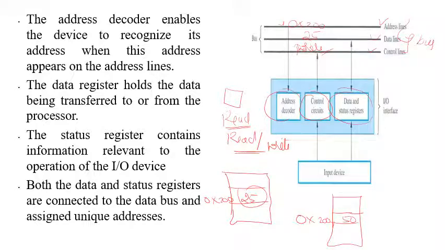Now if you continue with the same instruction, where you have loaded 0x200 to the address line, 25 to the data line, and written the write signal through the control lines, then this 50 here will be replaced by 25. The reason is that the signal in the control line is write.